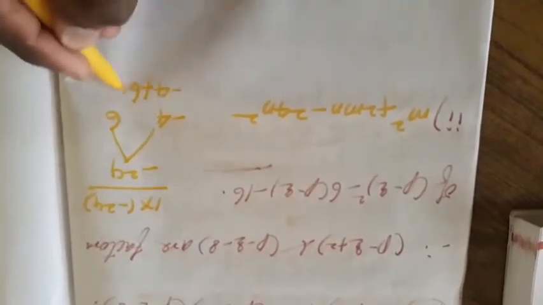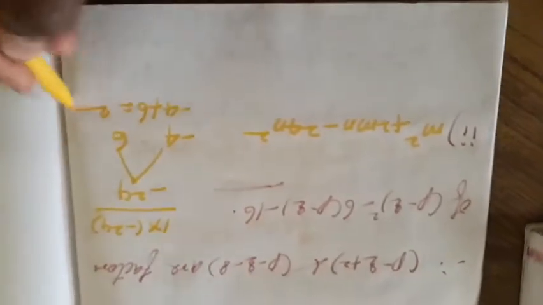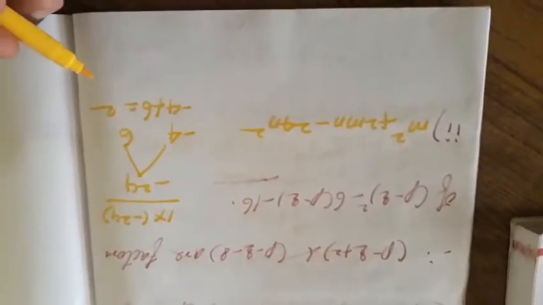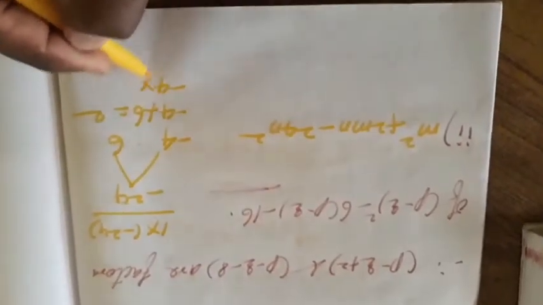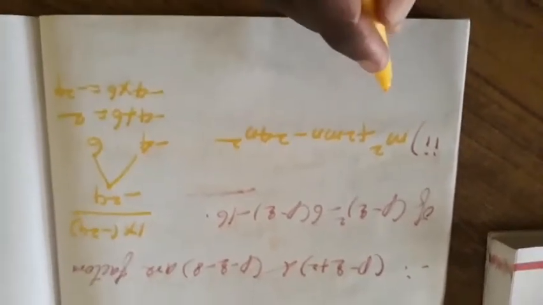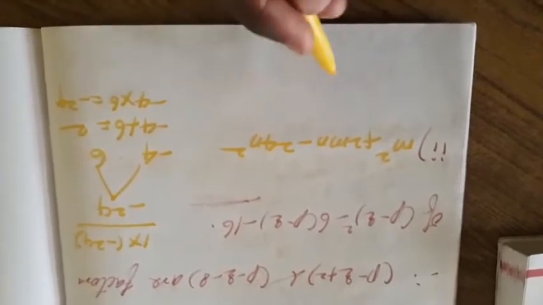Minus 4 plus 6 gives plus 2, because the greater number is plus 6. Next, minus 4 into 6 gives minus 24. Condition satisfied.